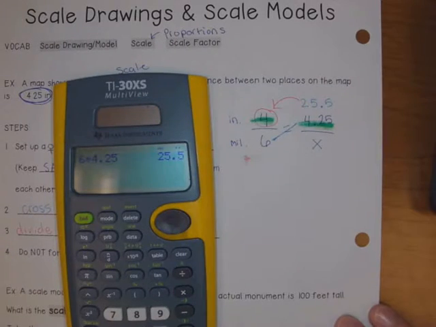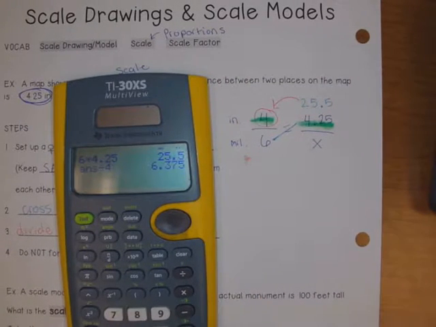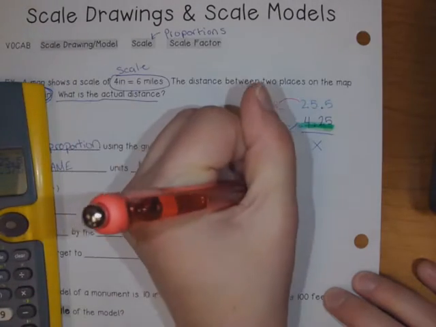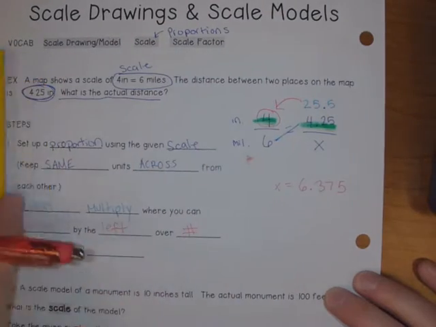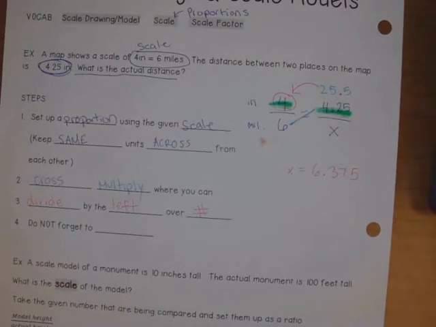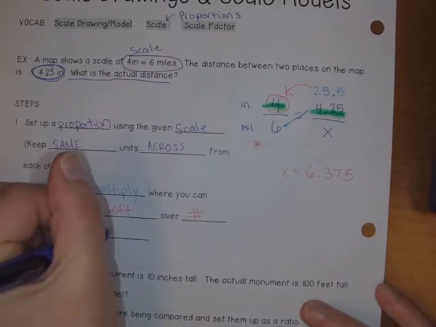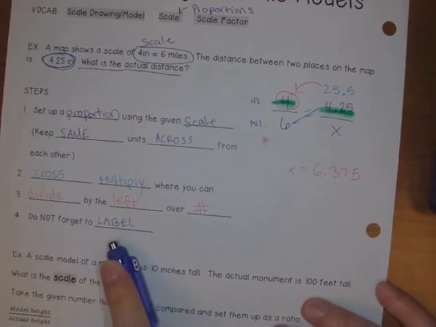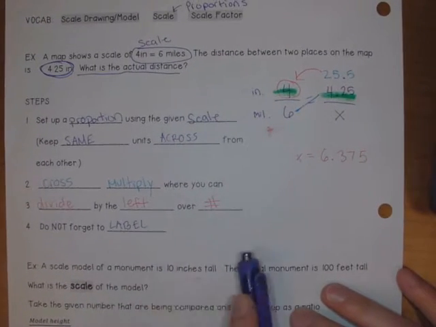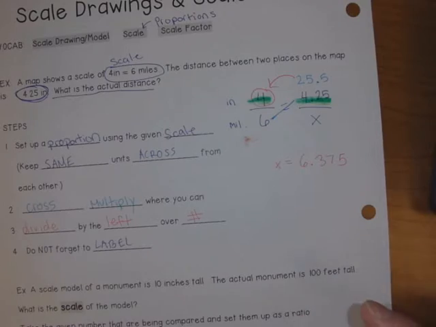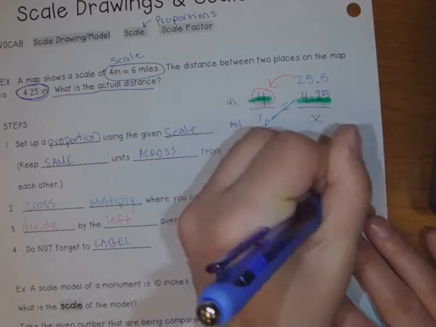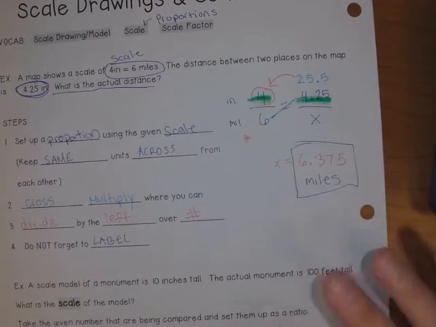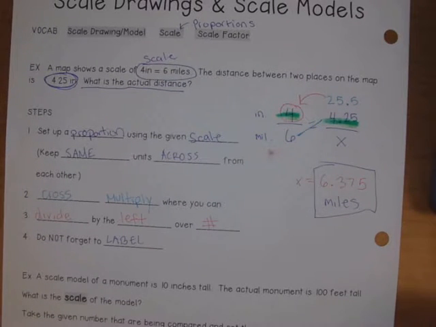I have 25.5 divided by 4, which is 6.375. So x equals 6.375. The last step is super important, and that is labeling it. On the test, if you forget to label, then you will get it wrong. So you cannot forget to label. It's 6.375 miles. Don't forget that. If you notice, it's almost exactly the same as solving proportions.